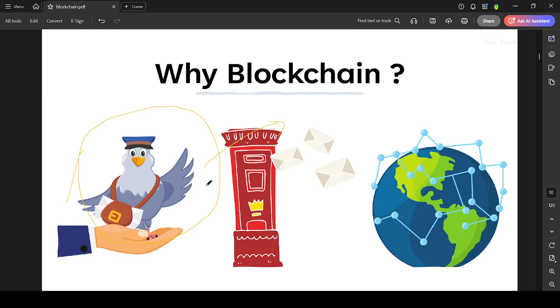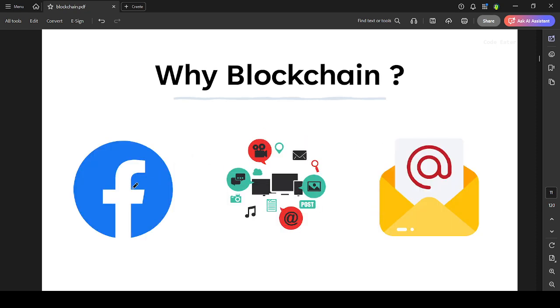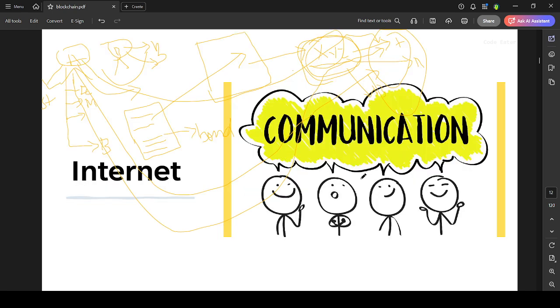Then with advancement we used the post office as an intermediary. When it came to the internet, we used intermediaries like Facebook, Gmail and other apps. So here we can see that we achieved a communication system but failed to achieve trust.